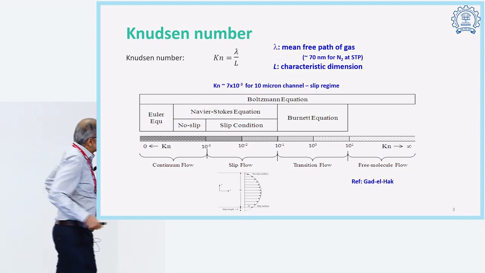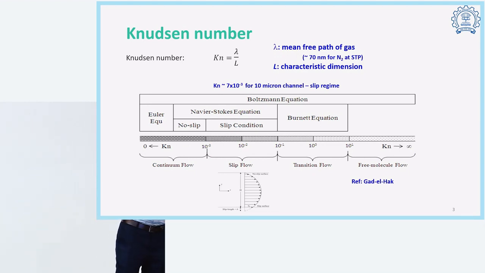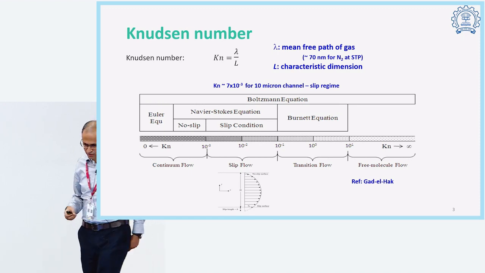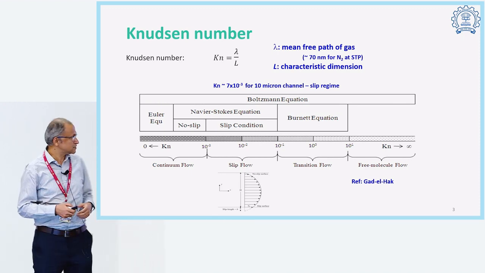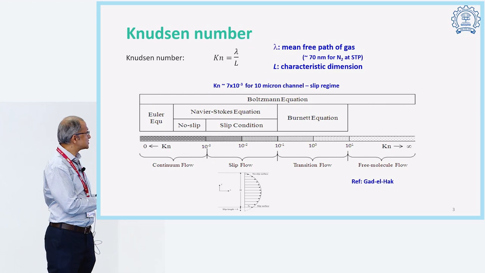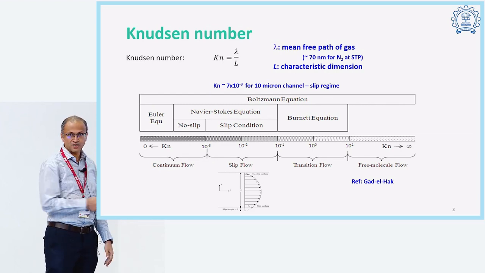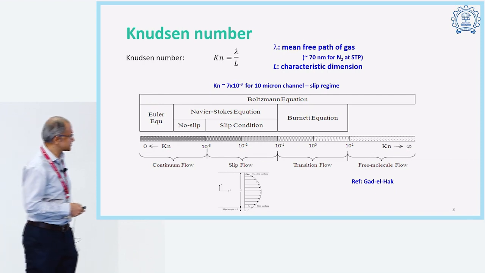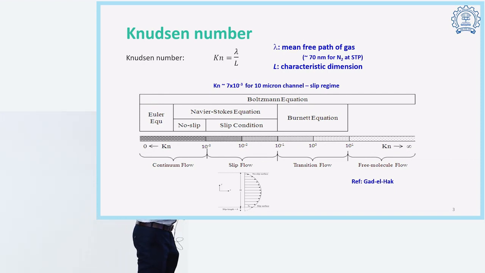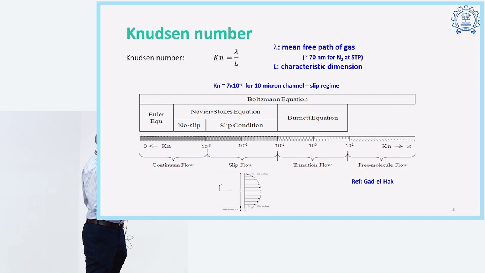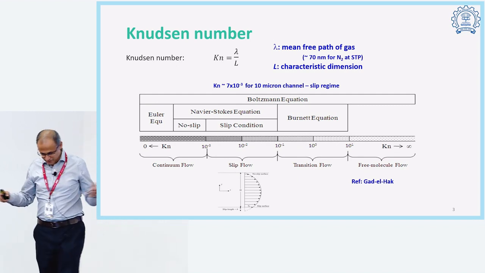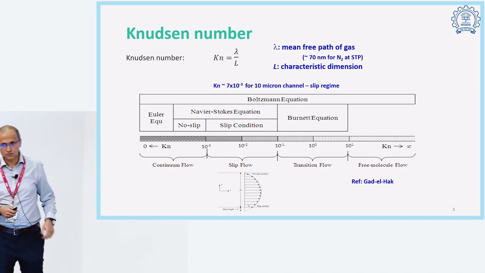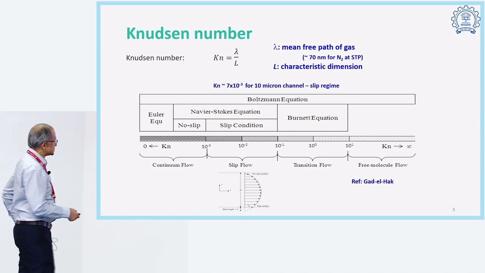So when we look at gases, the Knudsen number becomes a very important parameter, especially when you go to the microscales. Just to refresh, Knudsen number is defined as the ratio of the mean free path of the gas to the characteristic length scale through which the flow is happening. Using this Knudsen number, one can demarcate the flow into several different regimes.